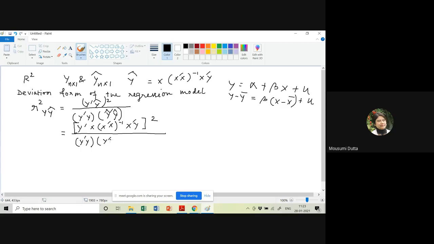Y prime x inverse, x prime x inverse, x prime. X prime, very good. And then I'll write y hat.